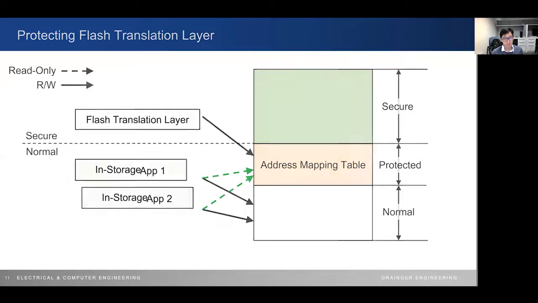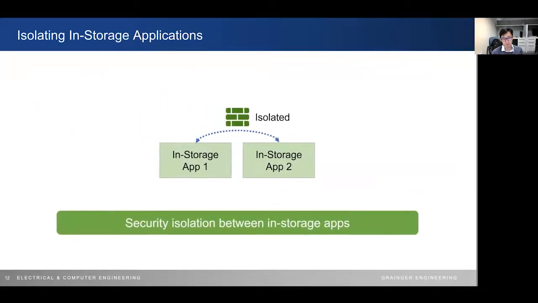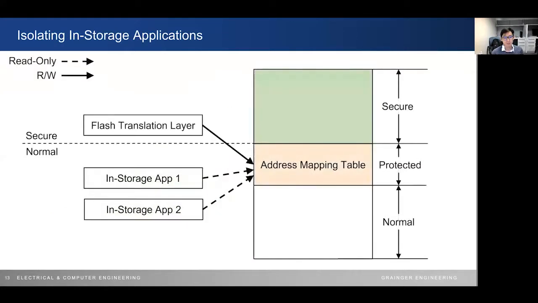So now we have secured the FTL from in-storage applications. The next thing we do is provide security isolation between in-storage applications in order to protect a benign application from the attacks from a malicious application. So this means we'll enforce memory isolation between different applications. First, we want to provide memory isolation in DRAM.